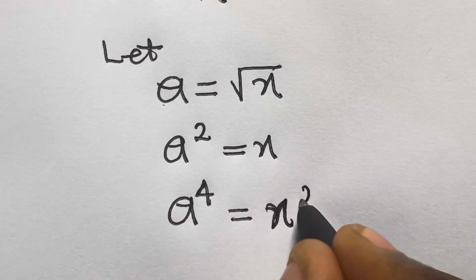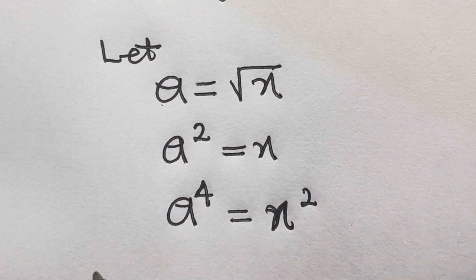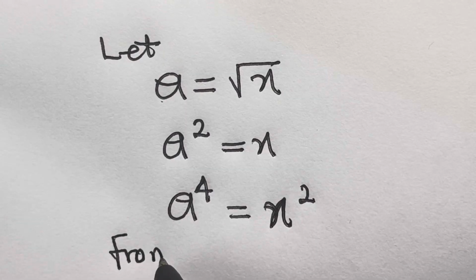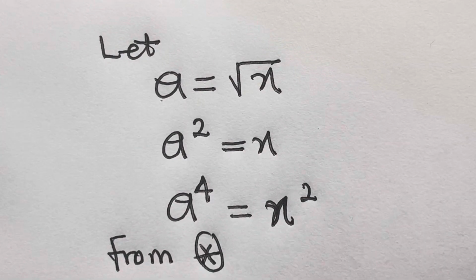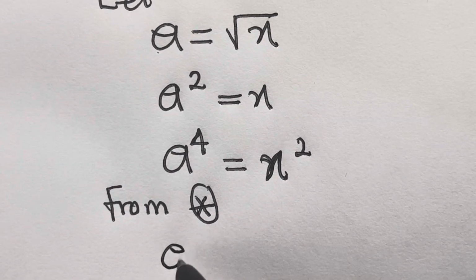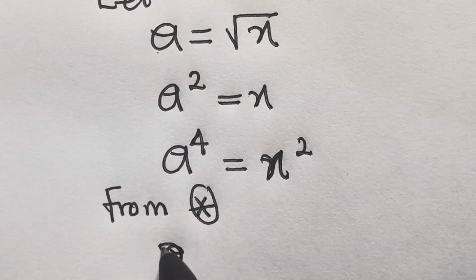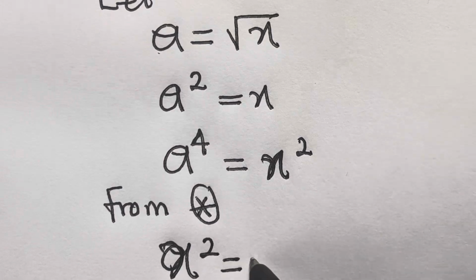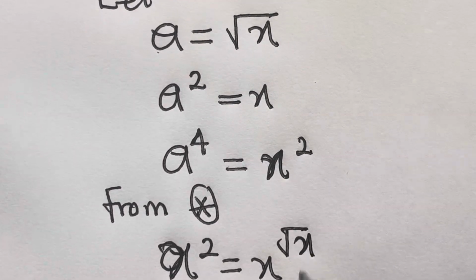A raised to power 4 equals x squared. So now from equation star, which says x squared equals x raised to power square root of x.